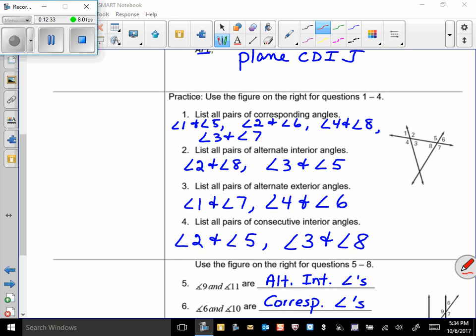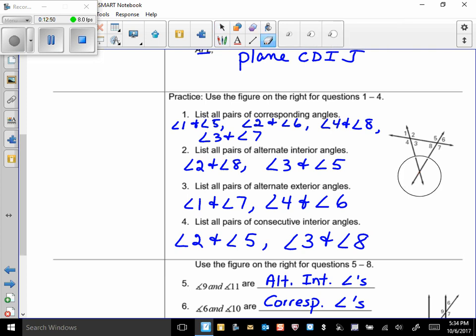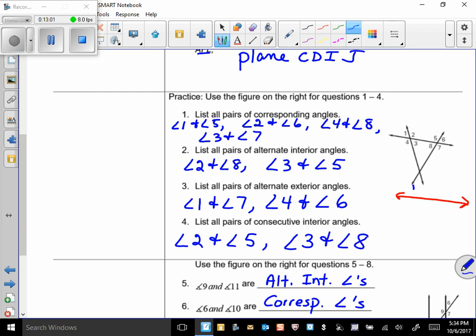Alrighty, here are the answers I came up with. Please check your answers against these. I do want to tell you something that might come in handy for you in addition to having some colored pencils. I oftentimes find that having the 2 lines intersect kind of throws me off, and it might throw you off too. And if it does, feel free to redraw. There's my transversal. I'll draw my 2 lines, only this time I'm going to draw them not intersecting.